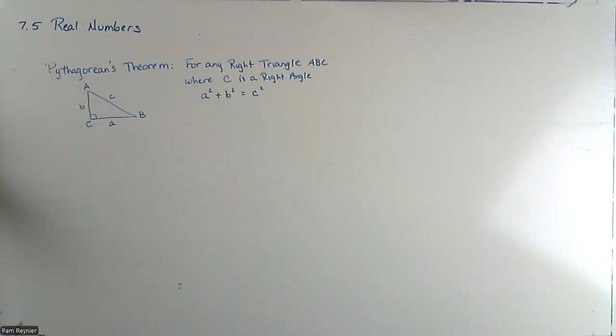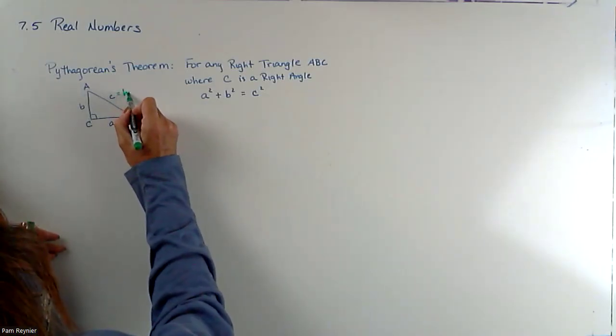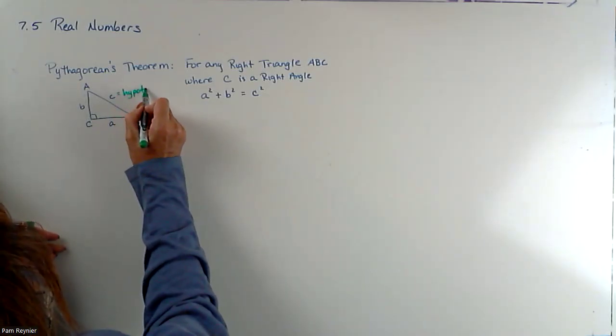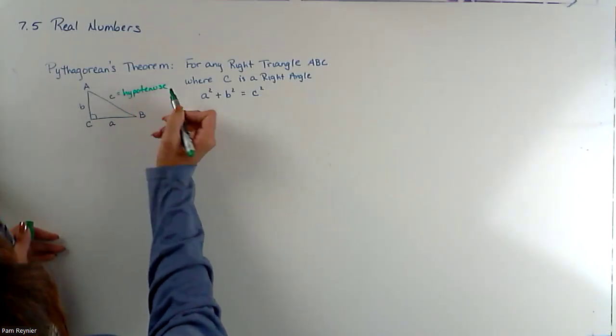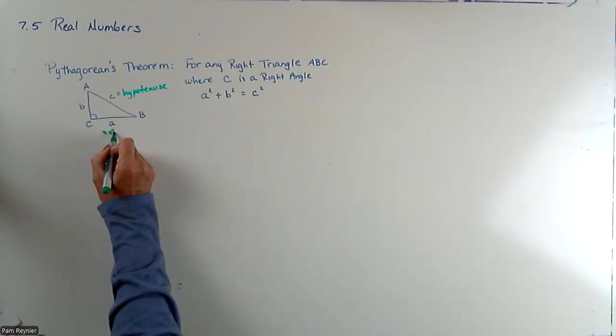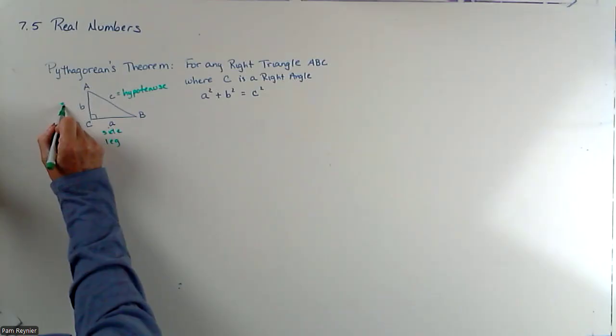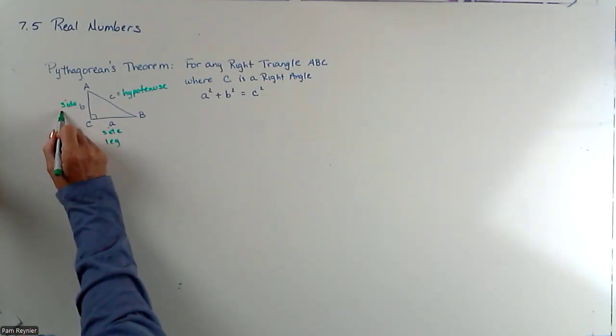And that longest side is what we always call the hypotenuse. The other two sides, you either call them sides or legs. Side A or leg A, doesn't matter.